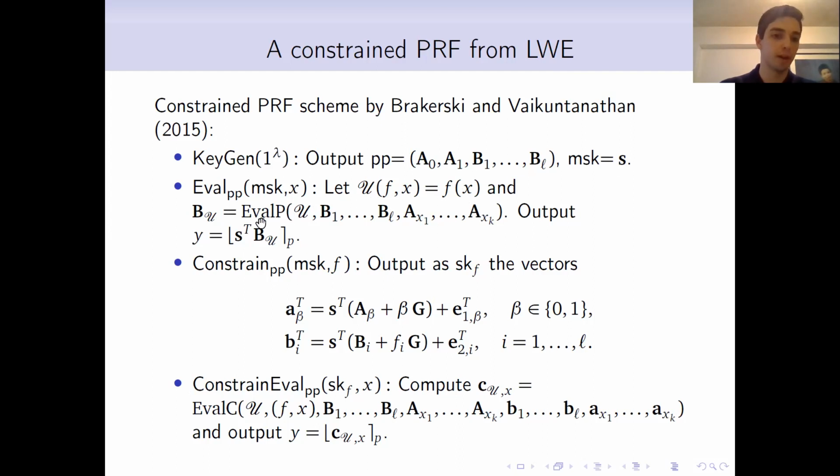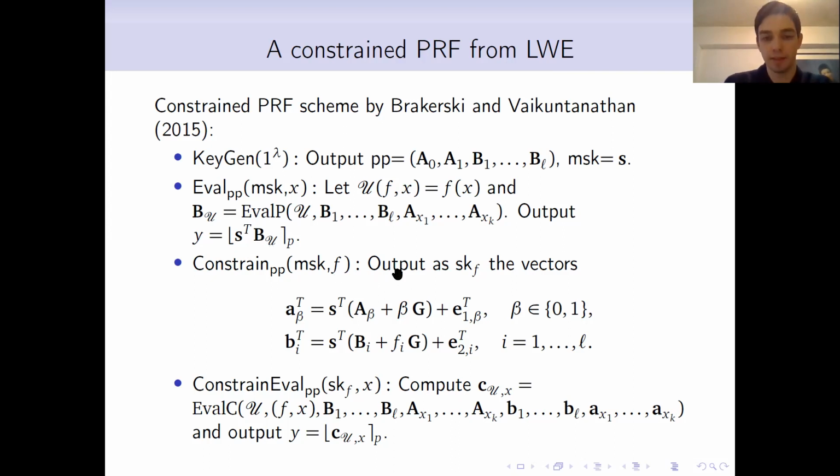Okay, here we are using again these algorithms eval-P and eval-C that we just saw, but now the inputs X are binary strings instead of vectors modulo Q. So we compute this matrix BU, which is eval-P of the circuit U on these matrices that we see here, and the output is S multiplied by BU, and then we apply the rounding operation.